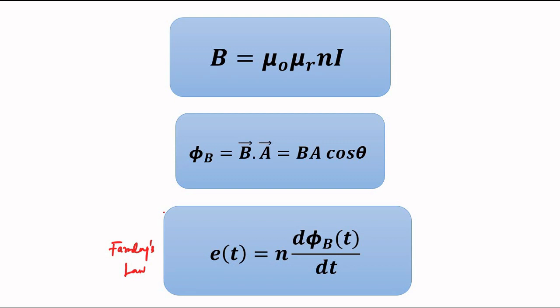So here, change in relative permeability because of the applied force, pressure or stress contributes to a change in magnetic flux density.